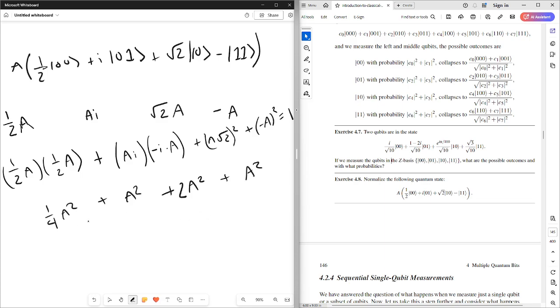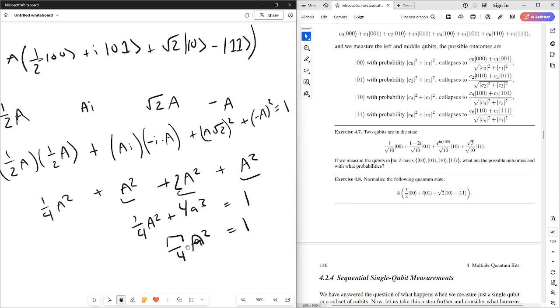So getting everything distributed here, we wind up with 4A squared plus 1/4 A squared equals 1. We can put this in terms of, we put 17/4 A squared equals 1. I believe that's correct.